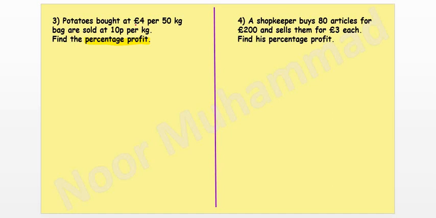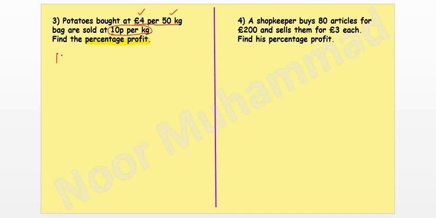But if you notice, he spent 4 pounds to buy 50 kilograms. But when you look at the second amount, it says 10 pence per kg. So we have to change it: he sold for each kg he got 10 pence. So how much he will get for 50 kilograms?